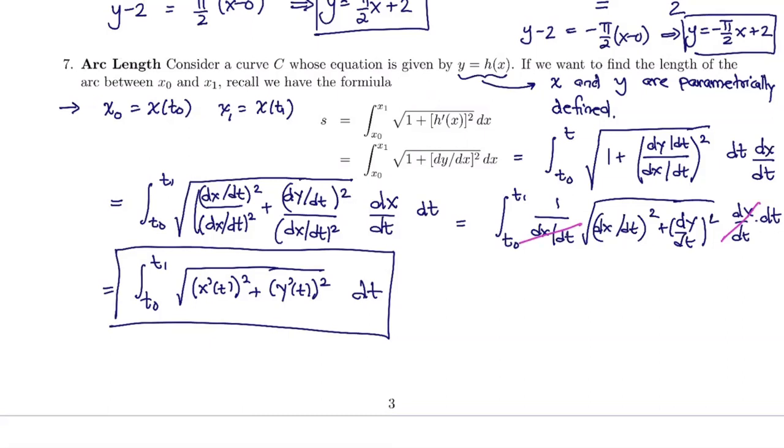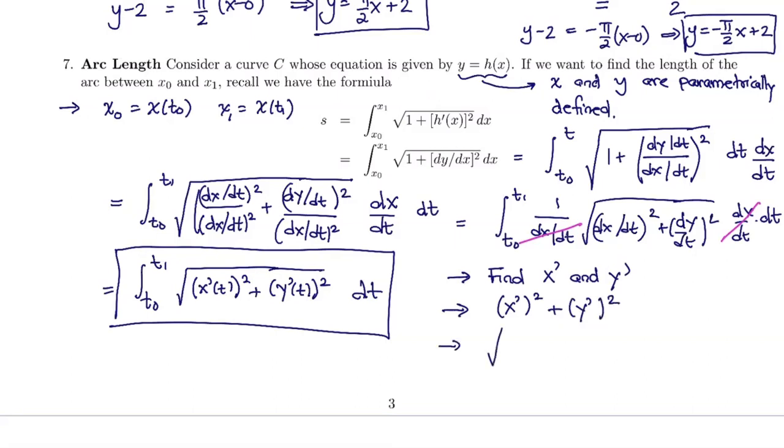Make sure, though, that you have a strategy for how to evaluate it. We know from our experience with integration by trigonometric substitution that the square roots are hard to manage. So there are a couple of things that we're going to have to do. We're first going to have to find x prime and y prime. Next, you're going to have to find x prime squared plus y prime squared.